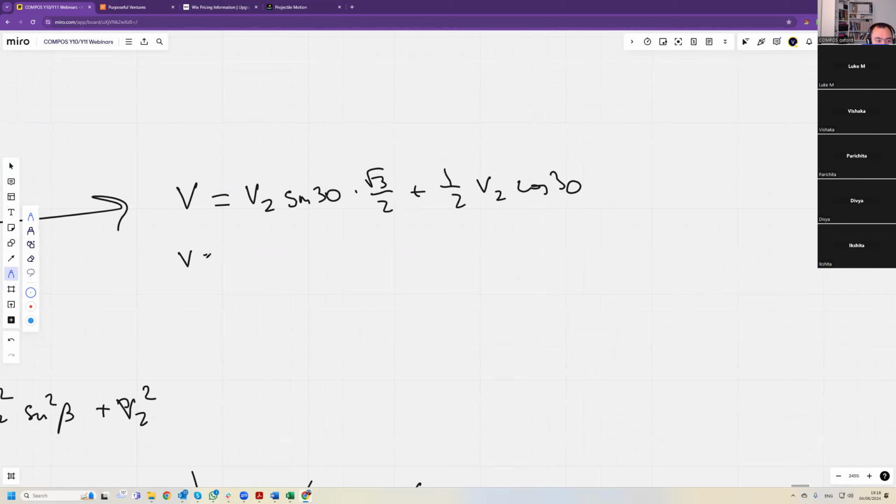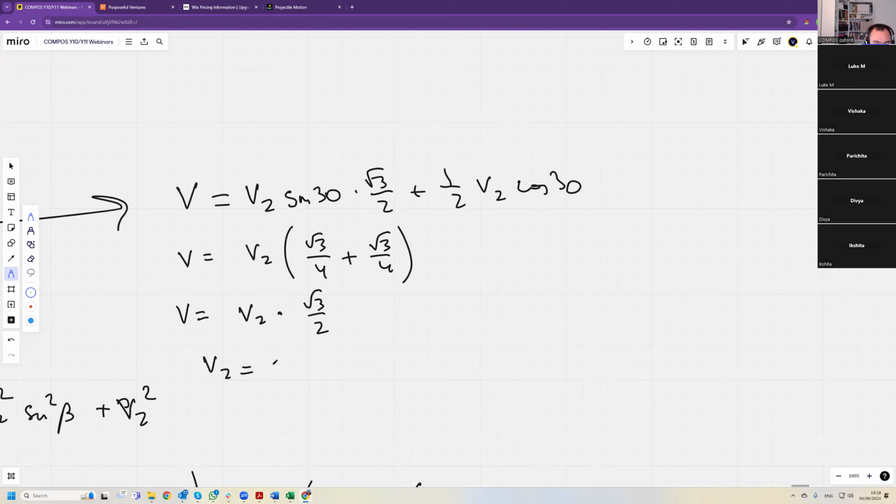And from here, V equals V2 multiplied by 1/2, so square root of 3 over 4 plus square root of 3 over 4, so V equals V2 multiplied by square root of 3 over 2.